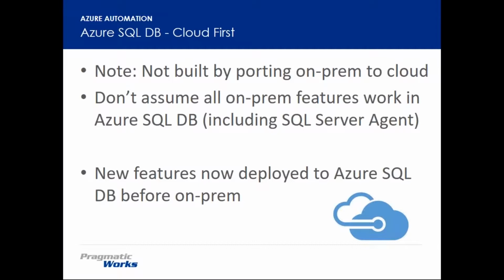An example I always think of is the row-level security functionality that's now available with SQL Server 2016. That functionality was first made available in Azure SQL Database, and then it was deployed to the on-prem. So just understanding how the cloud database service was built helps me understand why things don't work the same in the cloud as they do on-prem.